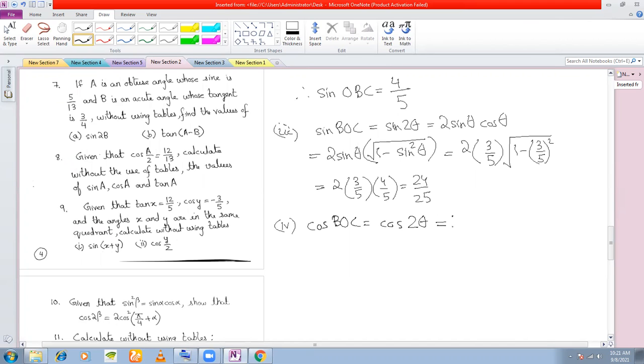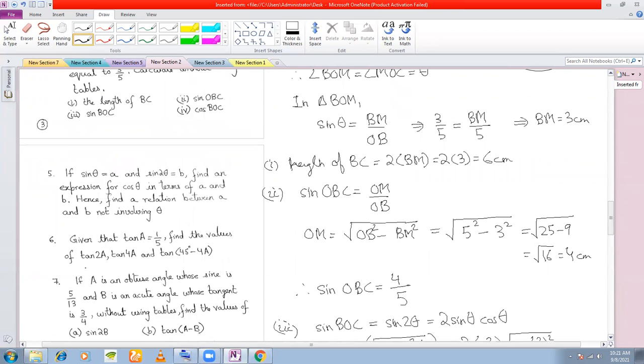So we can write cos 2 theta as 1 minus 2 sine square theta from the multiple angle formula. 1 minus twice sine theta, which is 3 by 5 square, which is equal to 1 minus 18 by 25, which is 7 by 25. That's it. That solves all your 4 questions.